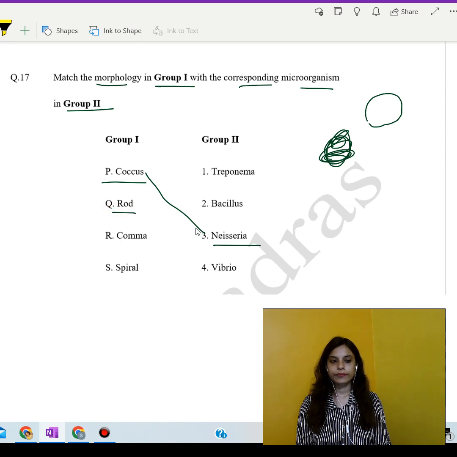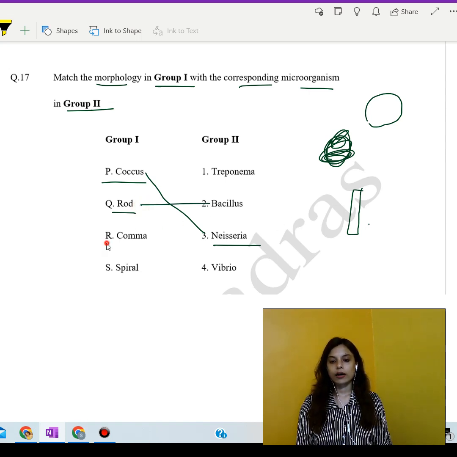Next, rod. Now with rod, actually rod refers to a rod-shaped bacterium, and the matching microorganism in group 2 would be Bacillus. Third is comma. Now this refers to a comma-shaped bacterium, and the matching microorganism in group 2 is Vibrio.